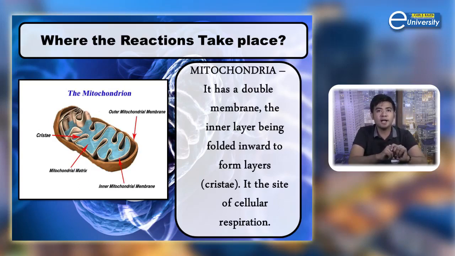So, mitochondria is a double membrane like the chloroplast. It is a double membrane, the inner layer folded inwards called the cristae, which is the site of cellular respiration. So in the diagram, in the slide, we have the outer mitochondrial membrane, the inner mitochondrial membrane, the cristae and the matrix, or the mitochondrial matrix.